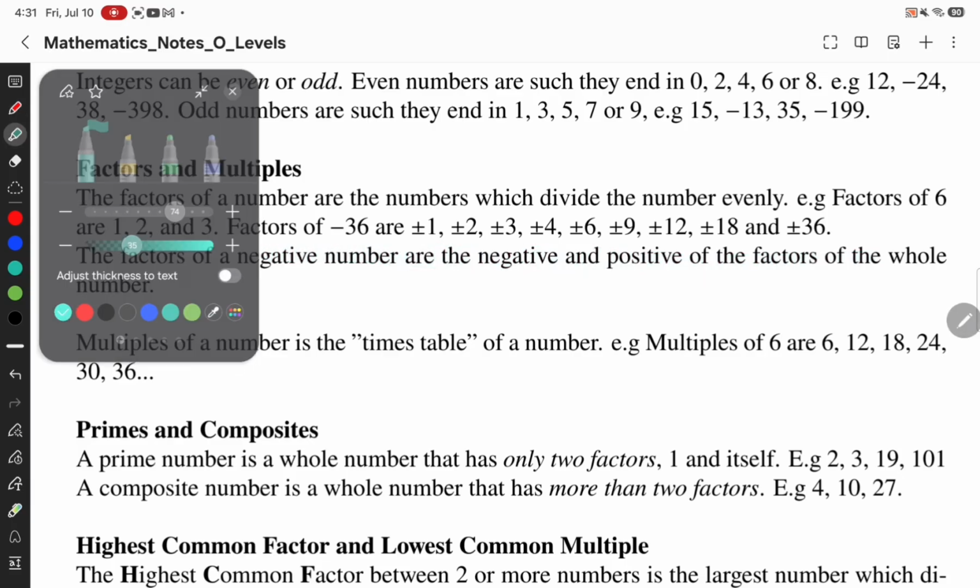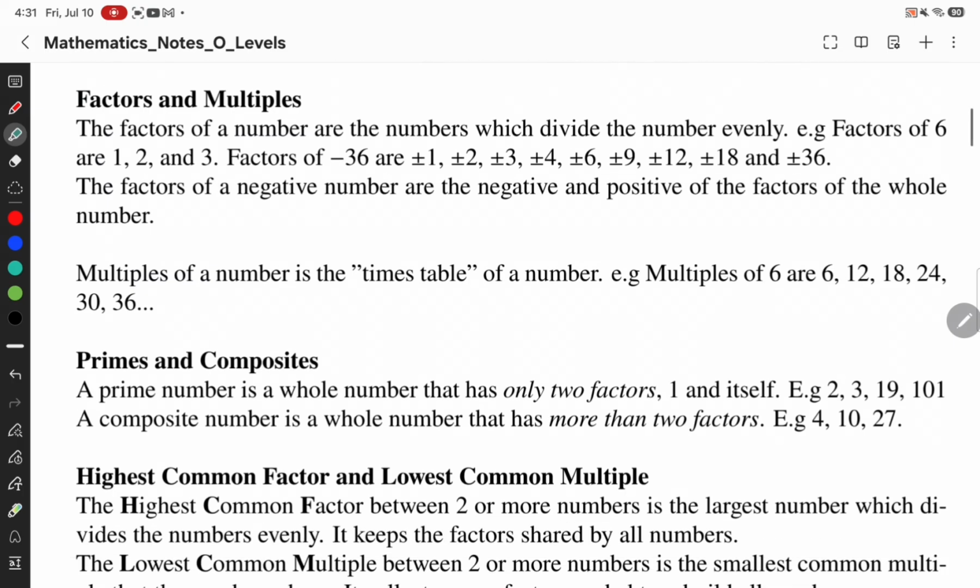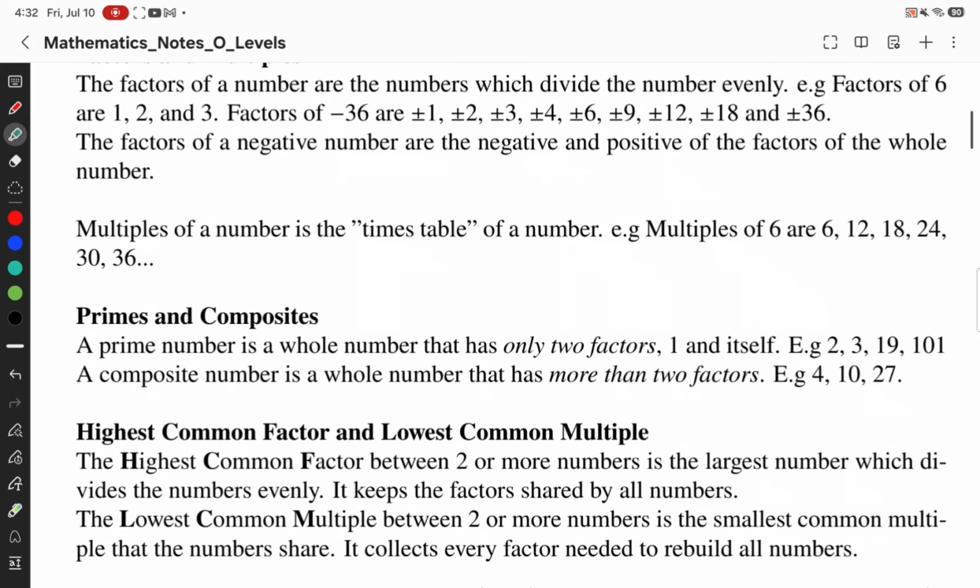Now the multiples of a number are the times table of that number. Example: multiples of 6 are 12, 18, 24, 30, 36. The definition in my actual notes file is that a multiple is a number that comes in the times table of another number.